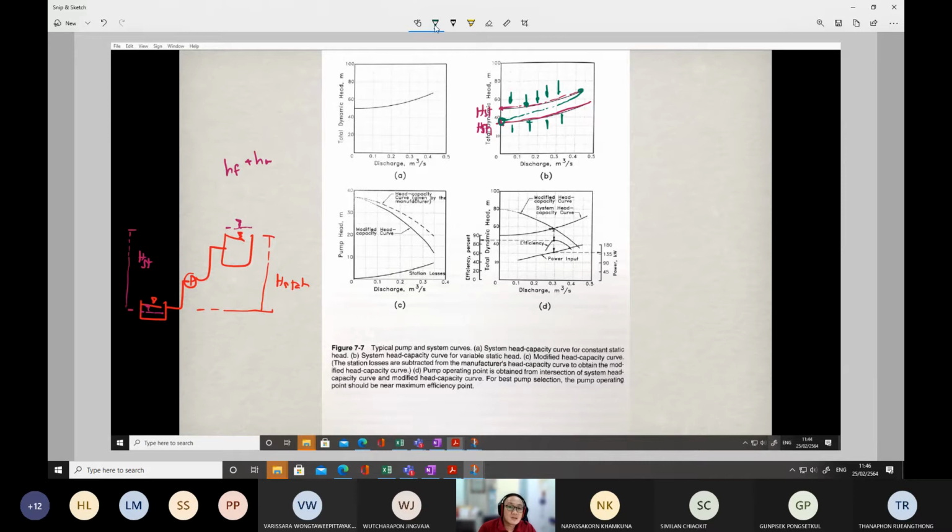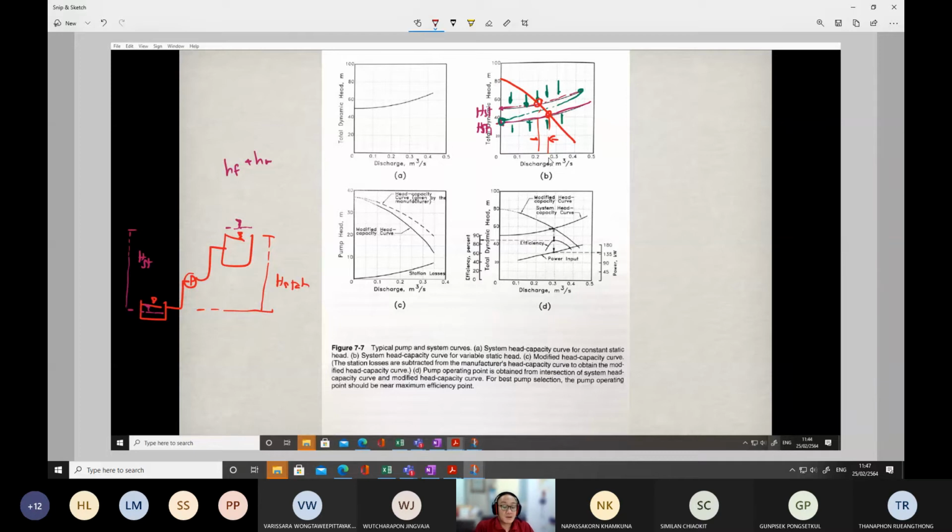So when we choose the pumps, we have to see the flow rates. The flow rates may vary slightly at the beginning and at the end. So sometimes you may have to consider this range.